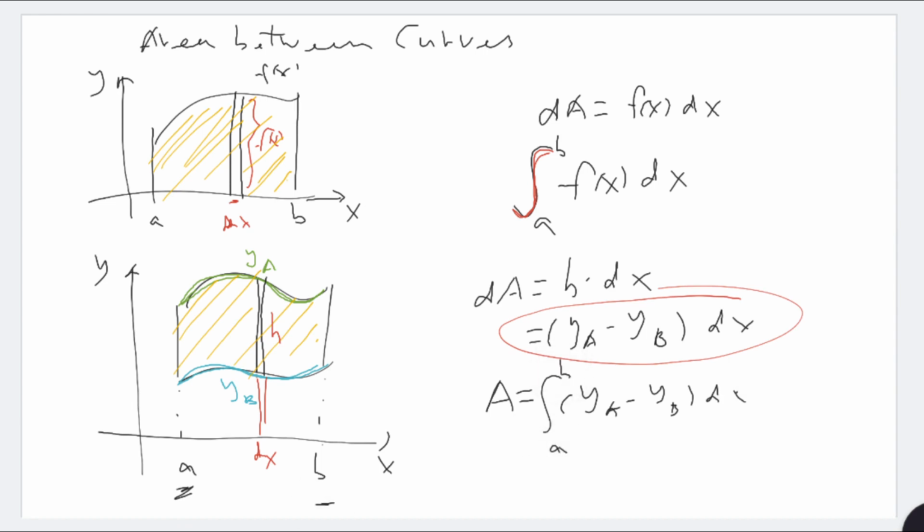This is how we come up with a definite integral for the area of the region between two curves. So the key is to come up with y_A minus y_B times dx, the area of one strip, then add up and look at the graph to see where you start, value a, to value b.